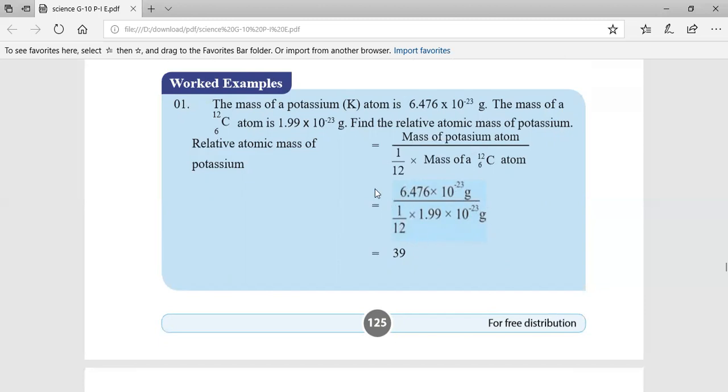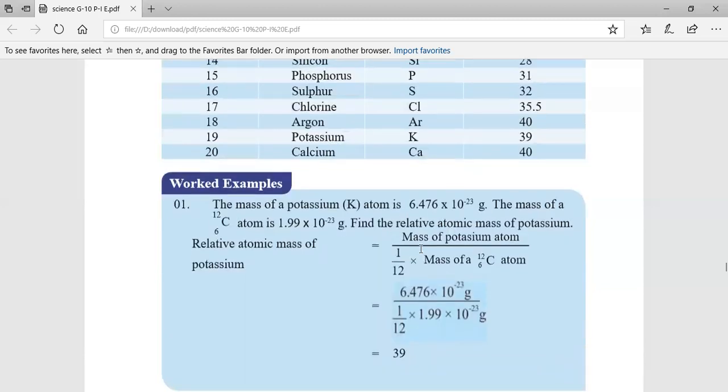Here's the equation, and then simplify. The final answer is 39. The relative atomic mass of potassium is 39.